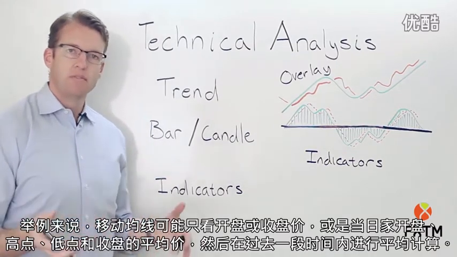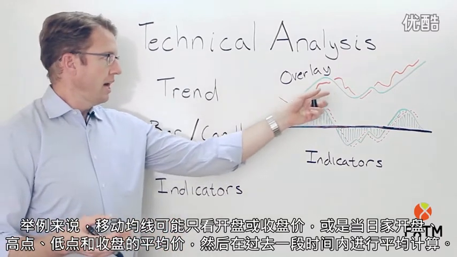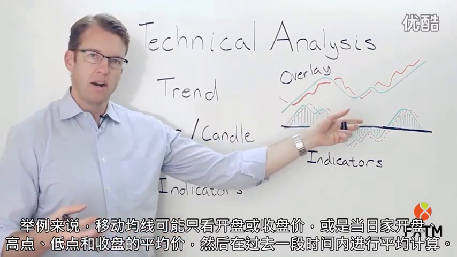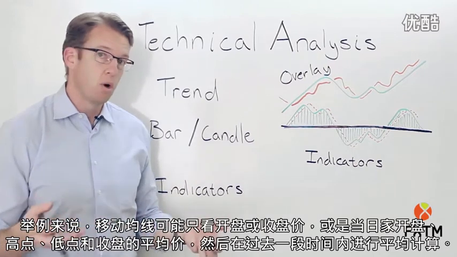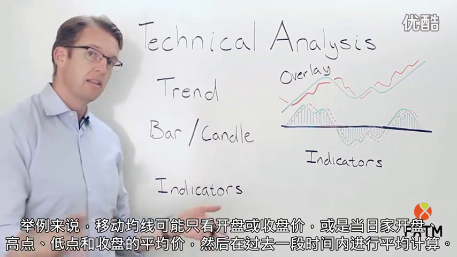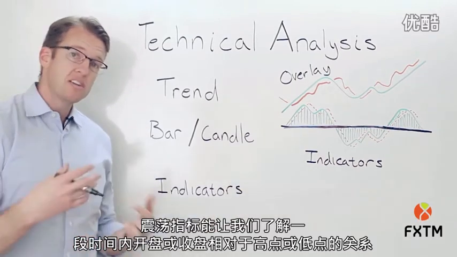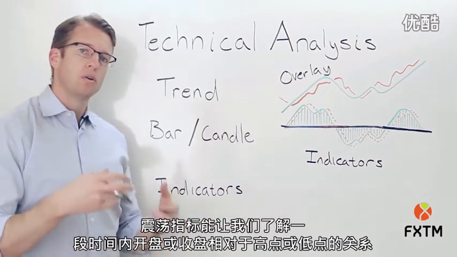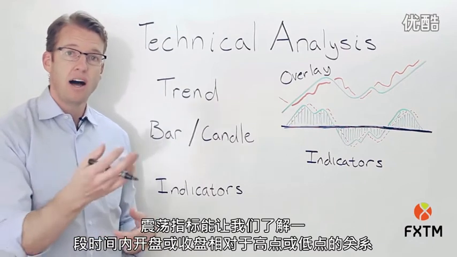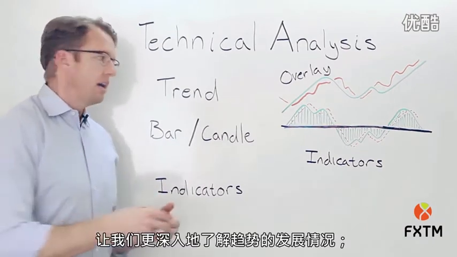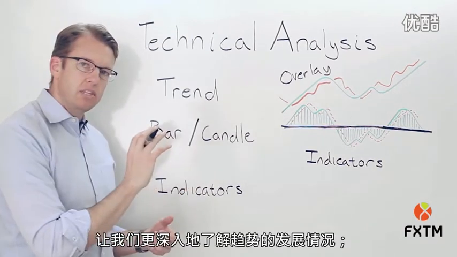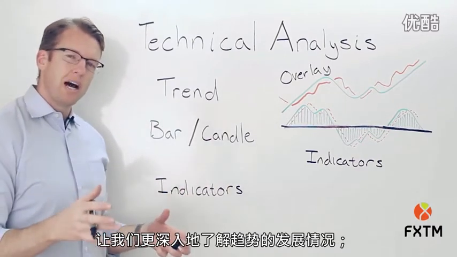For example, some moving averages may only look at the open price or the close price, or maybe an average of the open, high, low, and close for the day, and then they'll average that over a look-back period. While indicators may look at the relationship between the open or the close price relative to the high or the low over time, and therefore they can give us a little bit of additional insight into what's really going on with the trend.